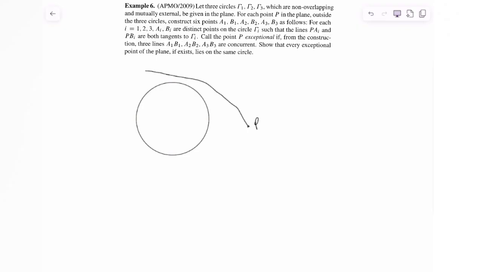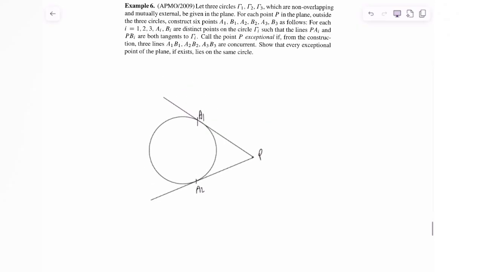So P to here, maybe A1, P to here. Oh wait, it's B1. Sorry, the naming convention is A1, B1. A1 and B1 intersect at some Q, whatever.